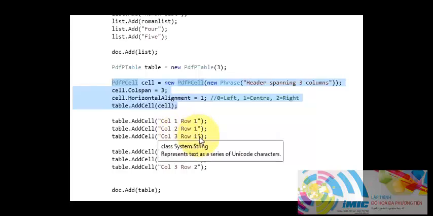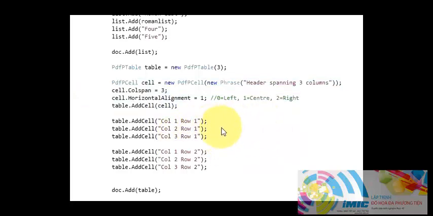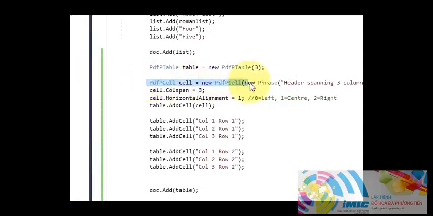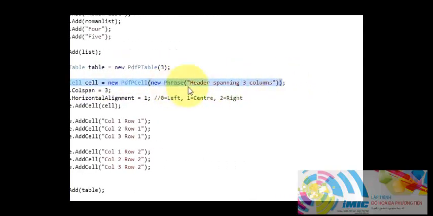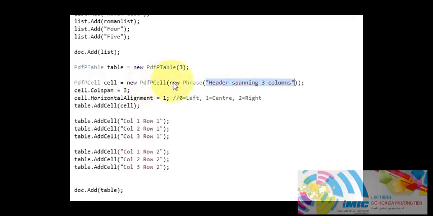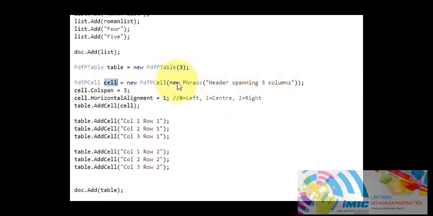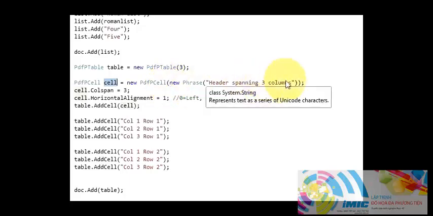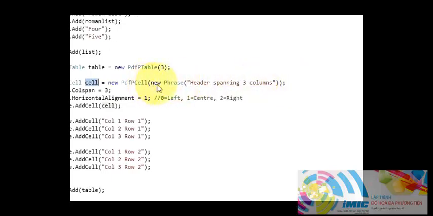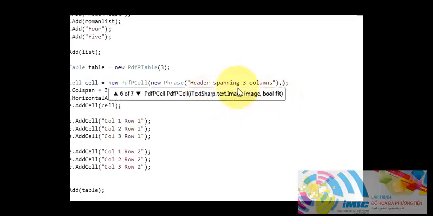So in our code, here we will go to our table header phrase, because we want to change the font of this title phrase. Okay, so just go there wherever you have written your phrase, and within these brackets for PdfPCell, just give here a comma.